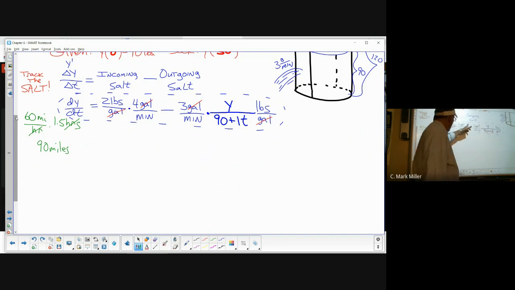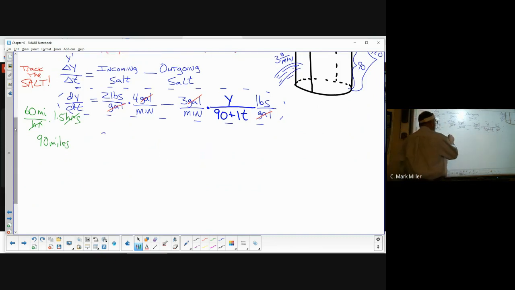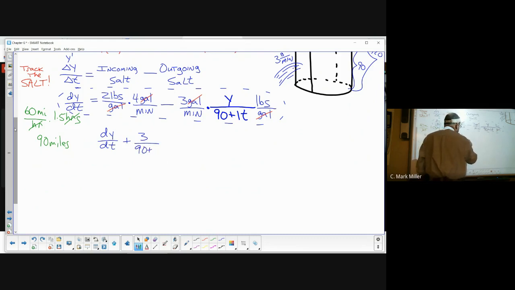If I put that over on the left side, I would have dy dt. Put this on the left side, I would have 3 over 90 plus t times y.